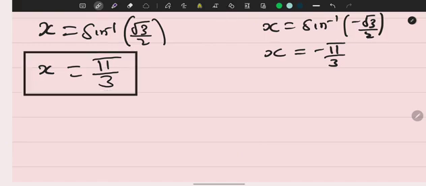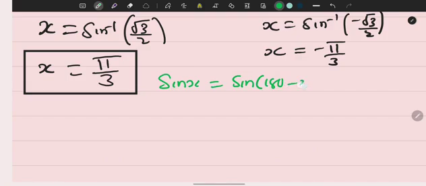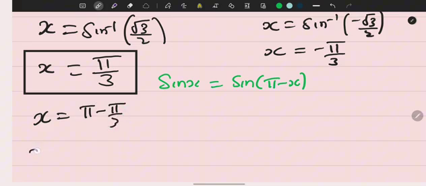Okay, so now let's apply the property. The first property is that sine x equals sine of 180 minus x. Well, we can change this to be pi minus x. So let's apply this. So this implies that x is pi minus pi over 3, which is going to give us 2 pi over 3.